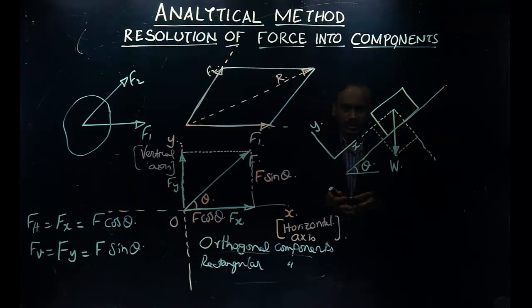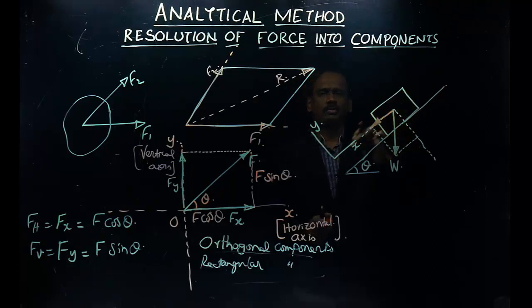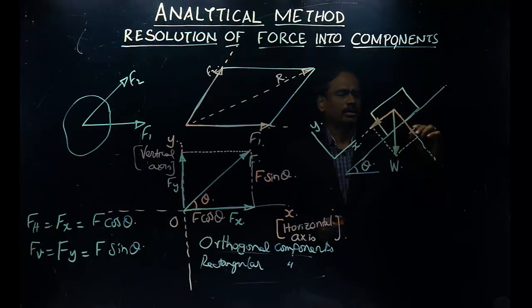Wherever these lines meet, that will give us the x and y components of this force W. This becomes the x component, or the component parallel to the plane, and this gives us the component perpendicular to the plane.